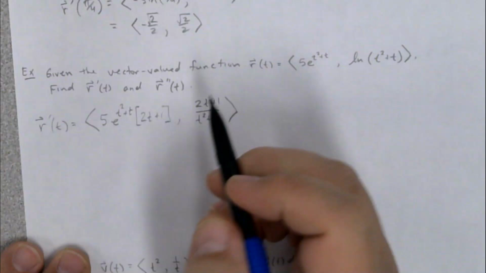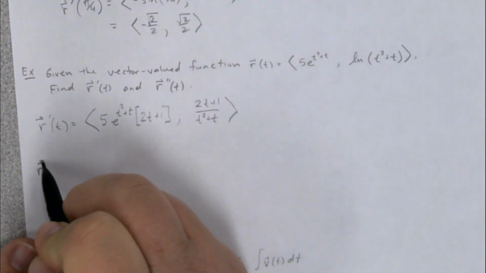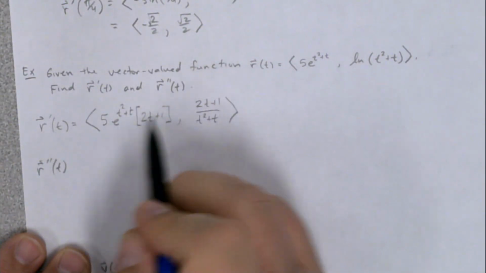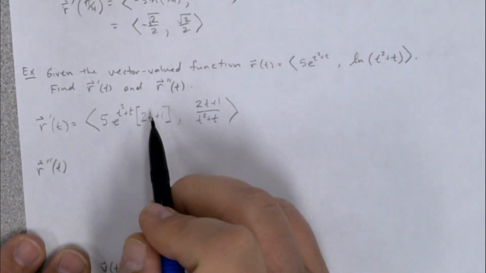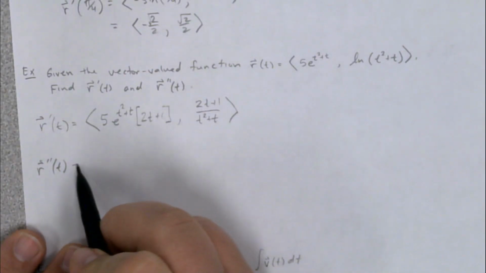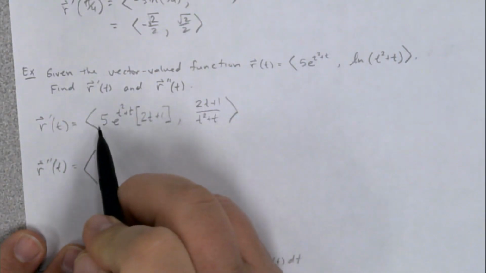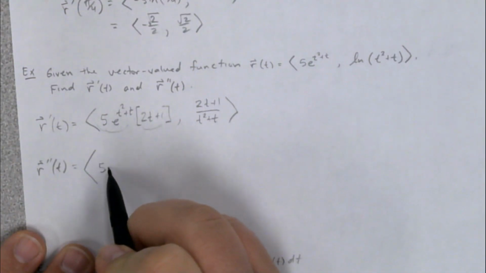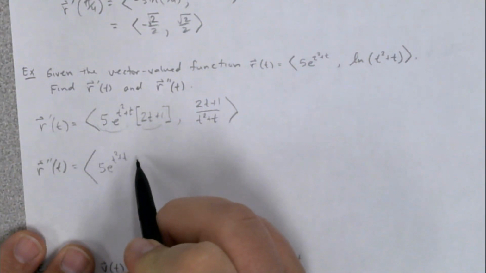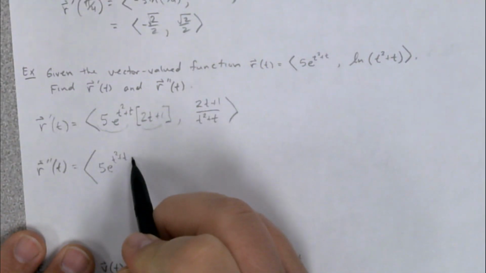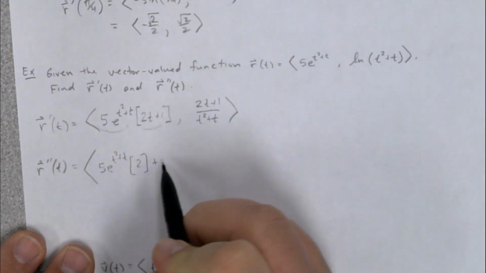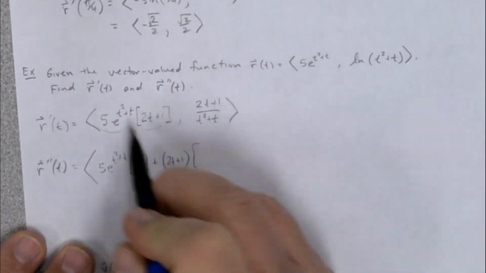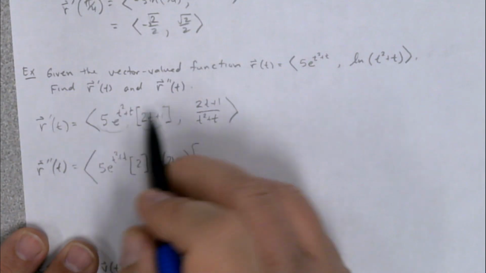Okay, so how do I take the second derivative of that? Well, let's take the derivative of these things. We're going to have some product rule going on in here, but that's pretty much what we have to end up doing. It's going to be a little bit long. Here's my first. This is my second. So it's the first times the derivative of the second, plus the second times the derivative of the first, which is just basically this whole thing again.